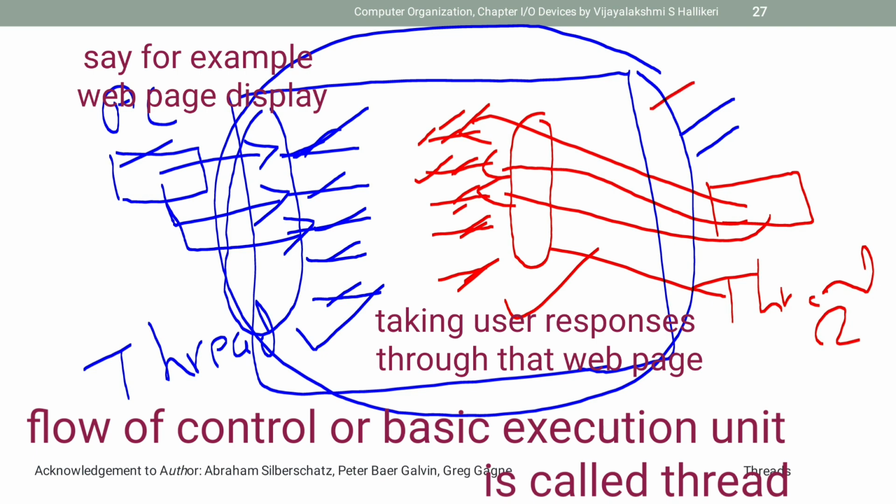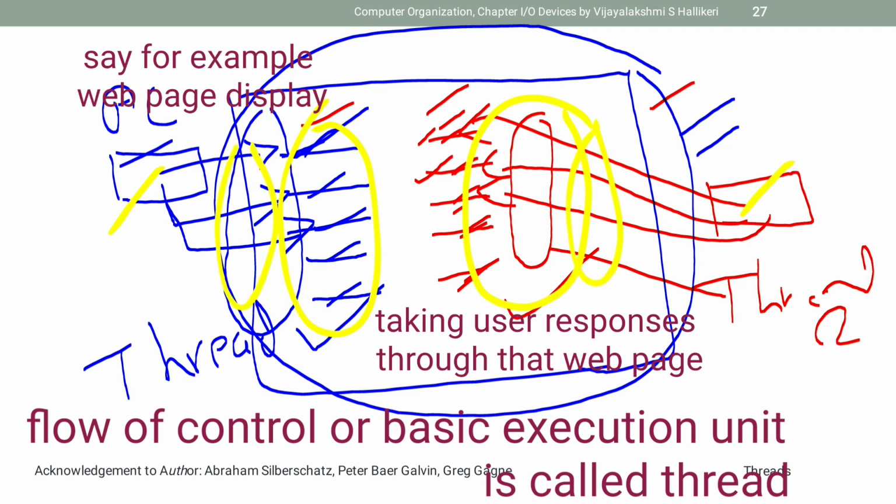When the process starts running, both will be executed at the same time because this PC is available for this set and this program counter is available for this set of instructions. Because two flows of control, two threads, are provided, two sets of instructions will be executed at the same time when that single process starts running.